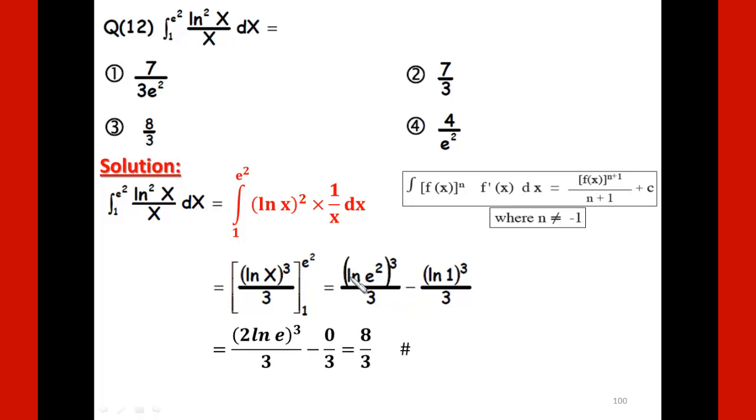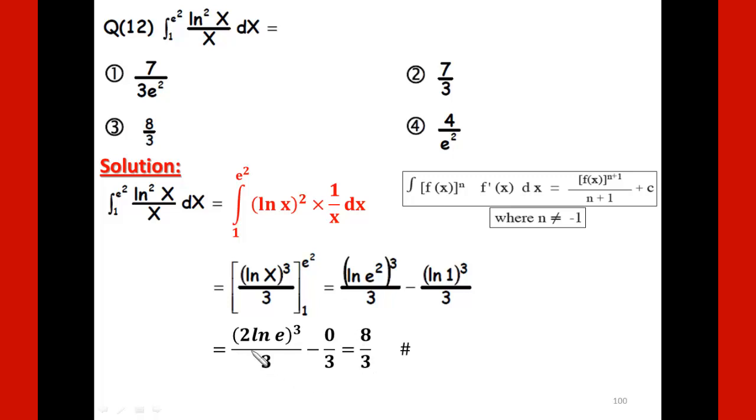ln e power 2 equals 2 ln e, so we have 2 ln e power 3 over 3. ln 1 equals 0, so we write 0 over 3. And ln e equals 1. So we have 2 multiplied by 1, power 3, equals 8 over 3.